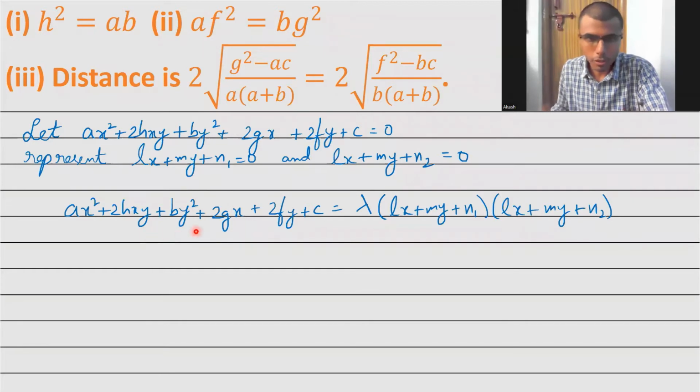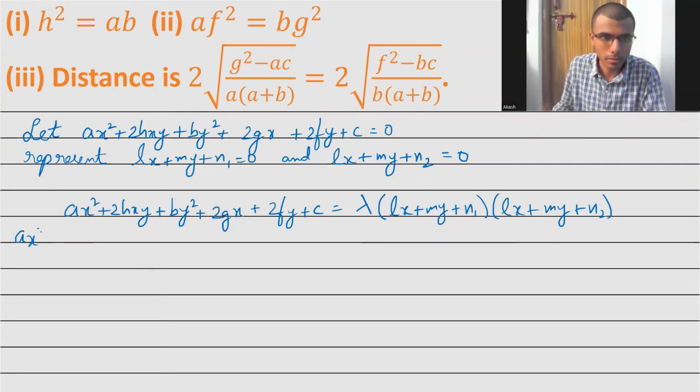Now I'm going to multiply the RHS. I'm going to show things in a step-by-step manner, so stay with me. If you feel like I'm going a bit slow, you can increase the speed to 1.25x or 1.5x, it's totally fine.